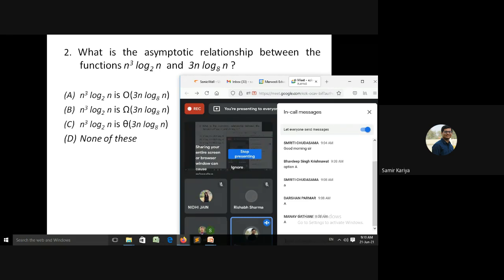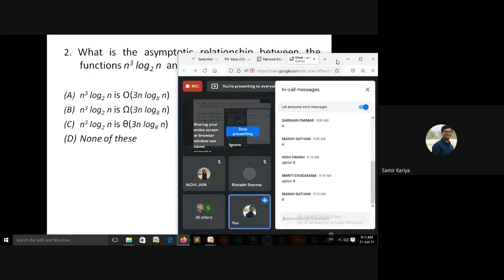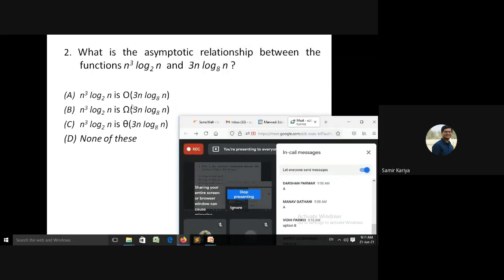What is the answer here, guys? I'm waiting for your answer. Yes, option B. Because here n cube log n base 2 is greater than 3n log n. If one is higher and this function is smaller, we write minimum time, or you can say big omega. So your option B is the correct one.